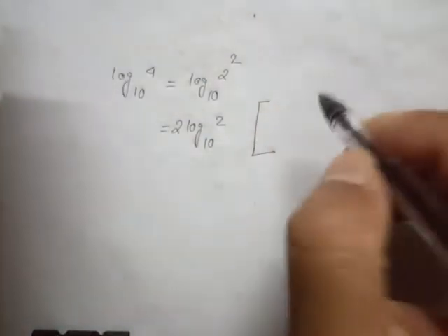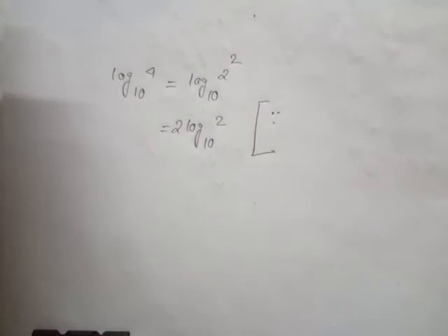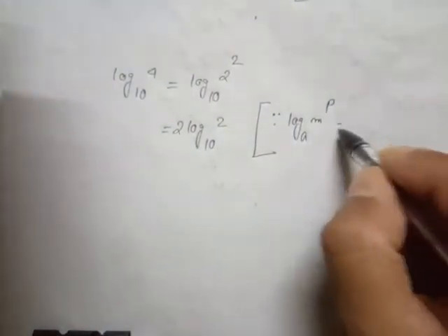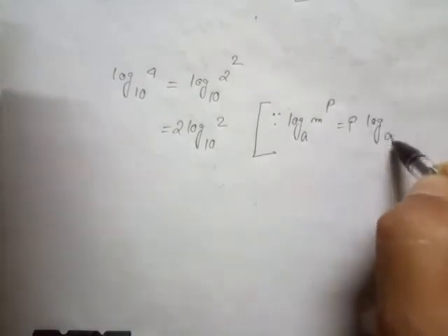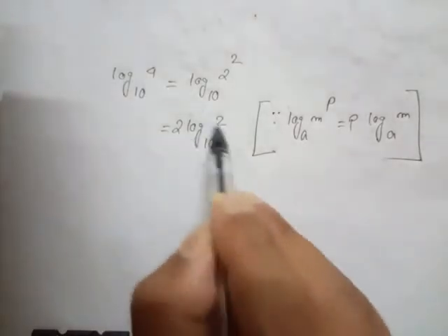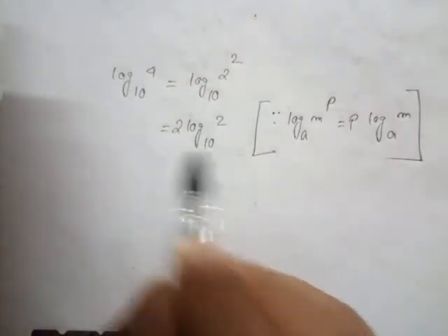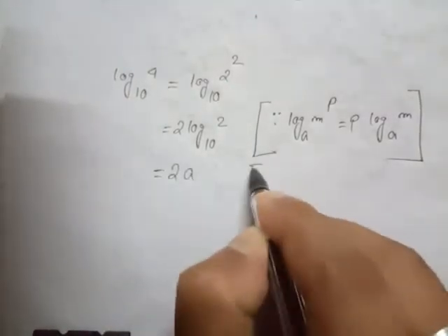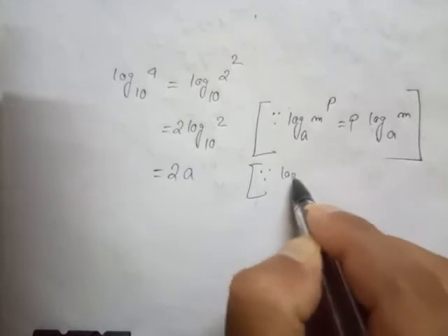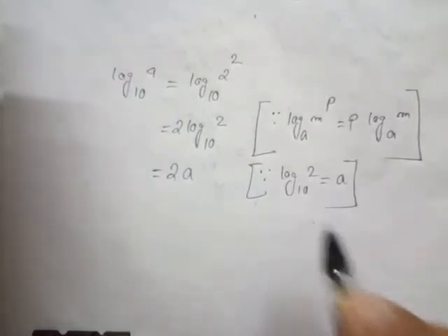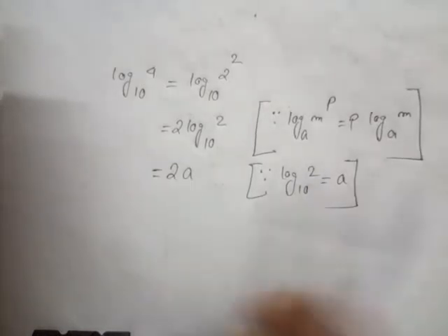There is a formula: log base a of m to the power p equals p into log base a of m. Now this value equals a, so here I will write 2a. Why? Because the given part is log base 10 of 2 equals a. I just put down the value here. Our second part is also done.